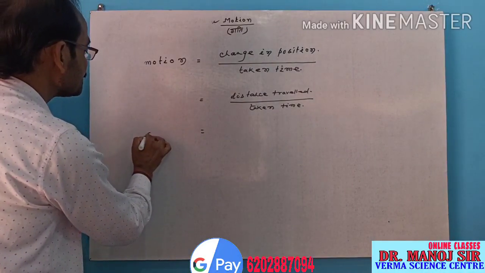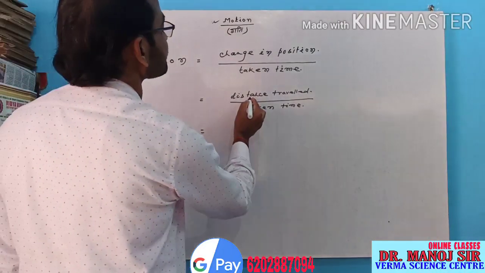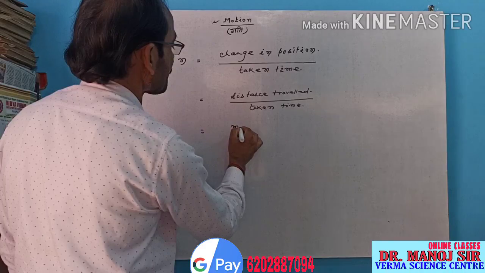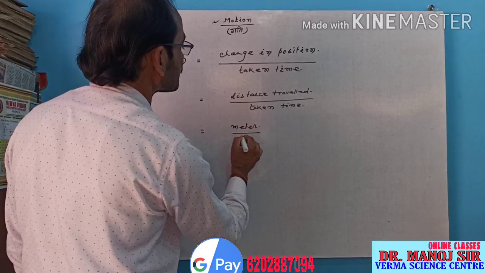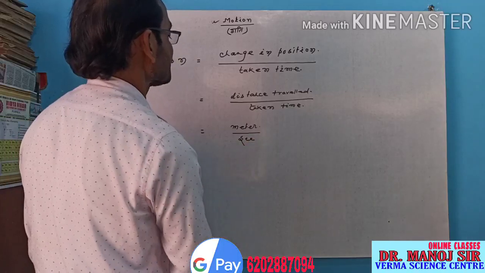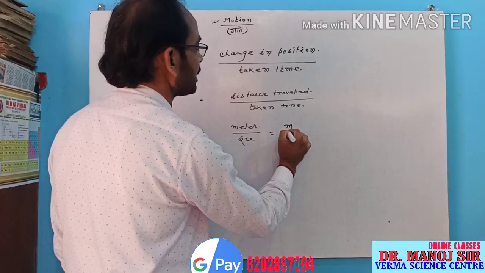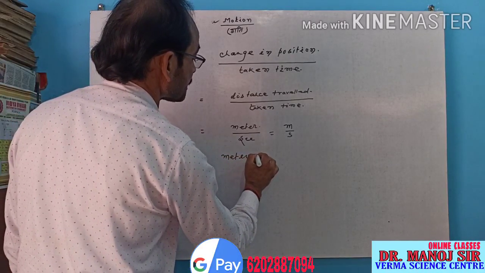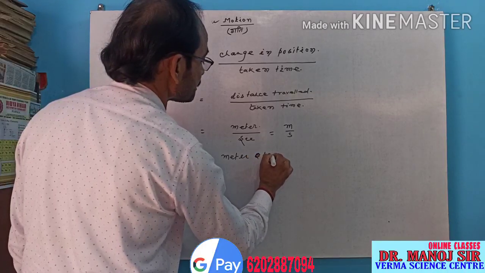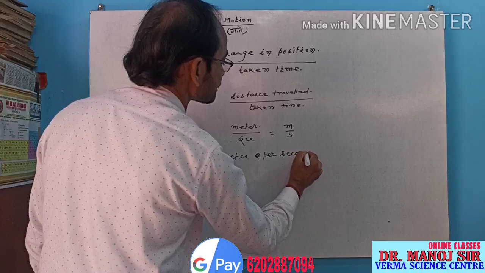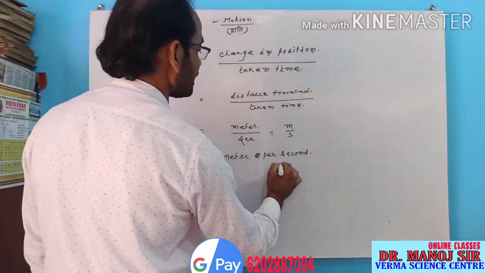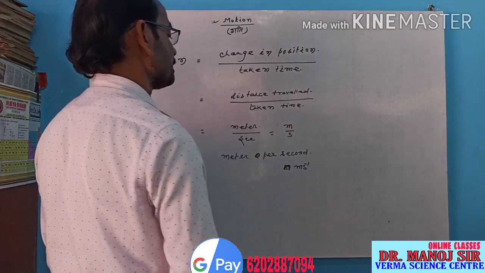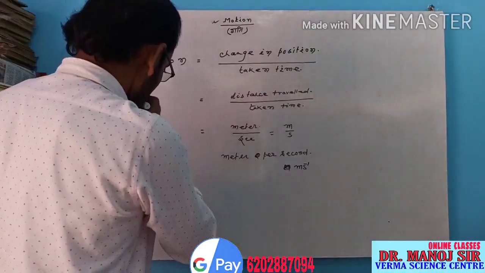According to SI unit, it may be written as meter upon second, that is m by s, meter per second. It can be written as m s to the power minus 1.